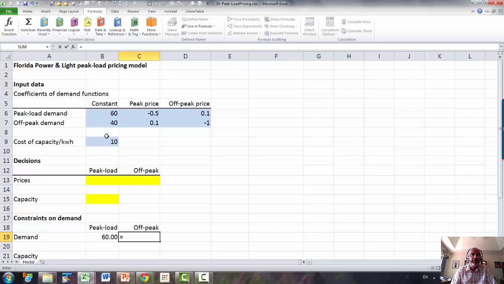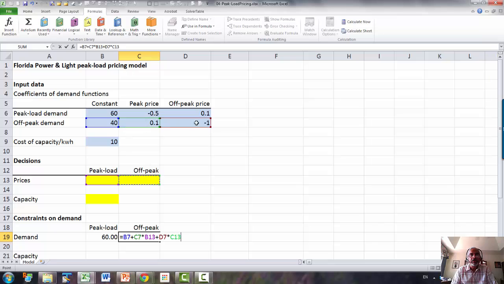Off-peak will be, so again we use these coefficients, constant plus the peak period coefficient times peak period price, plus off-peak period coefficient times off-peak period price.